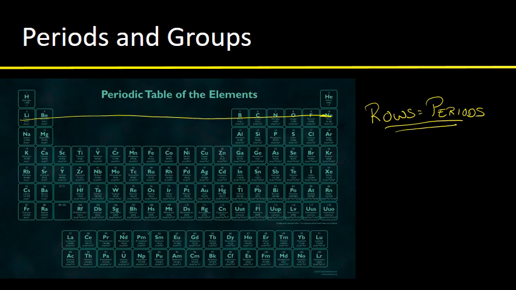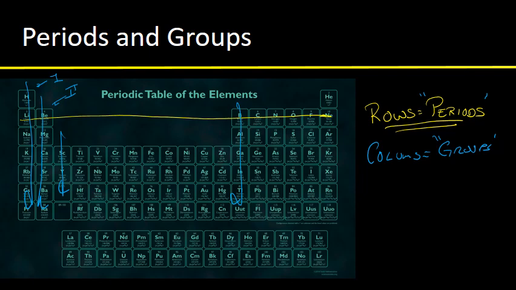Right? The columns are called groups, right? And so in this column here, this is group 1, this is group 2, and so on and so forth.